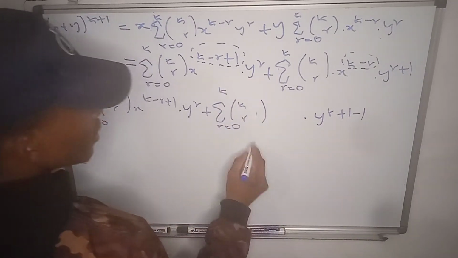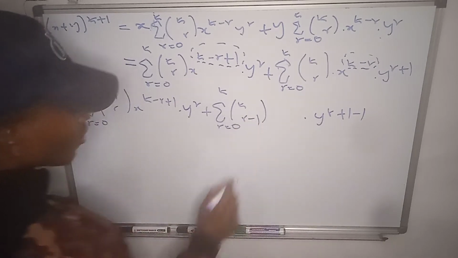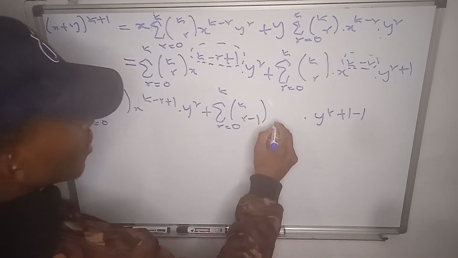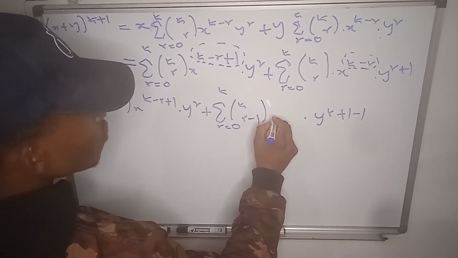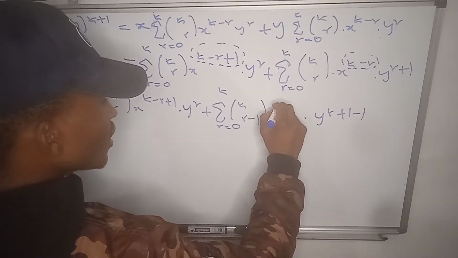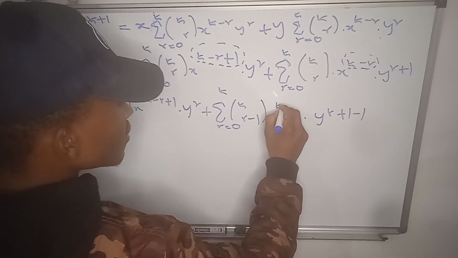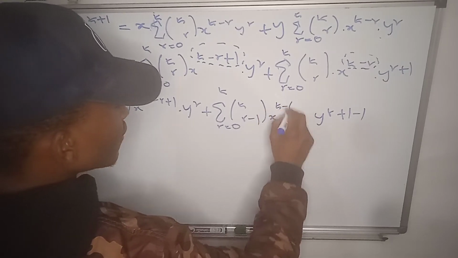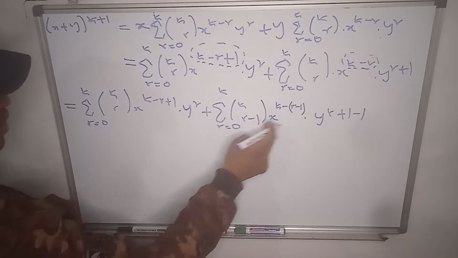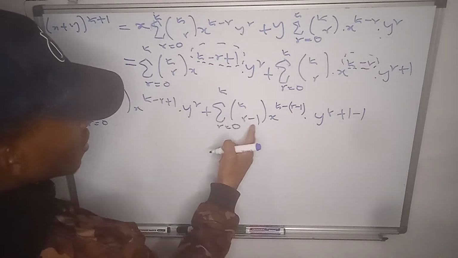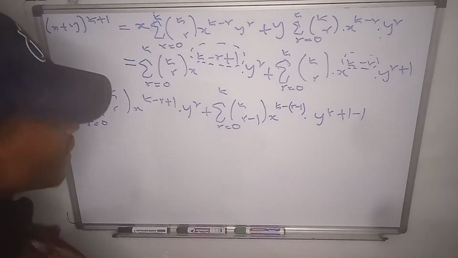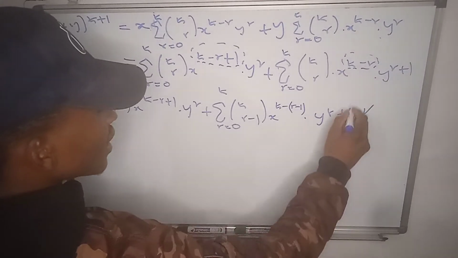We are going to subtract by 1. So if we subtract by 1 here, we have to subtract by 1 also on x. So this one will be k minus r plus 1, because it will be r minus 1 like this. I've subtracted here because this is my n, so this will be my r. So it's k minus this whole part. It will be there, so this will cancel out this one.